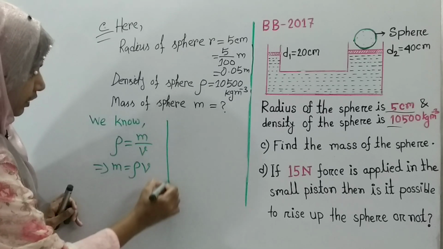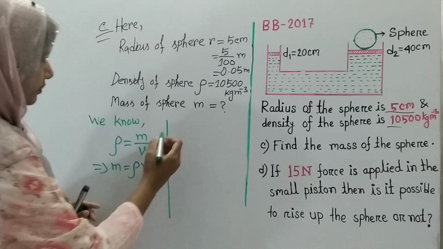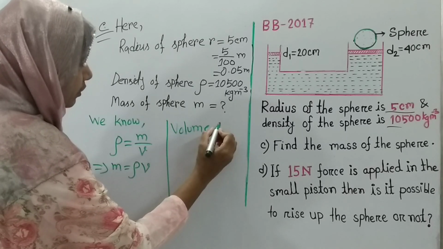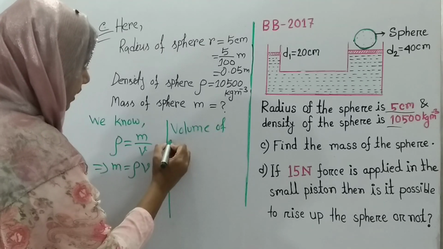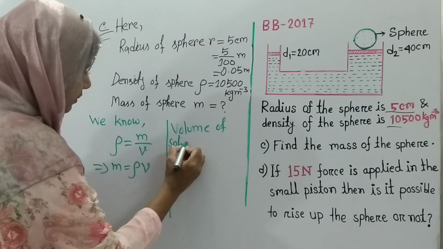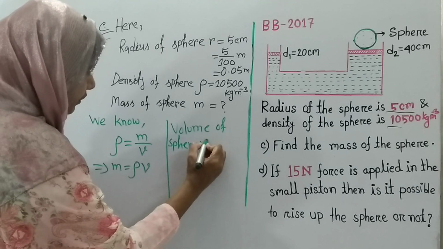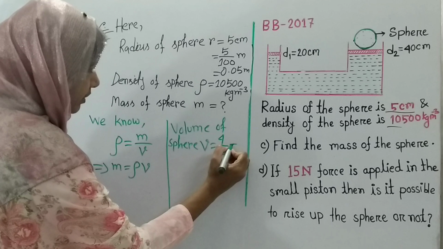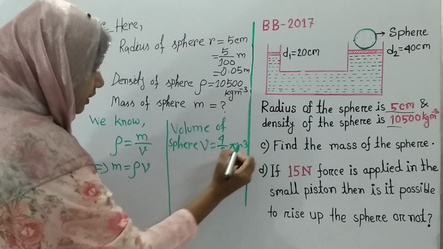Now here the volume of sphere will be v equals to 4 by 3 pi r cube.